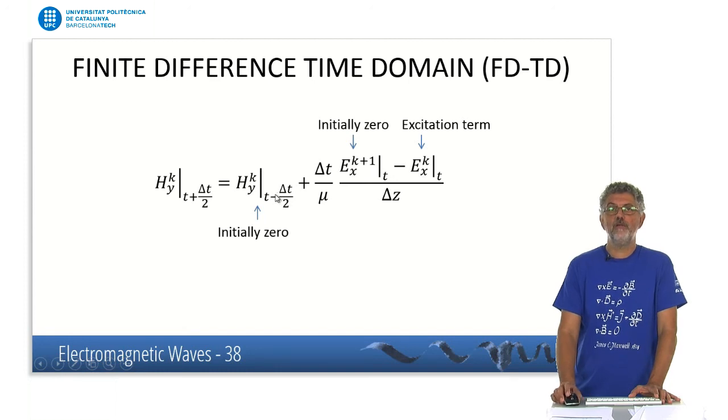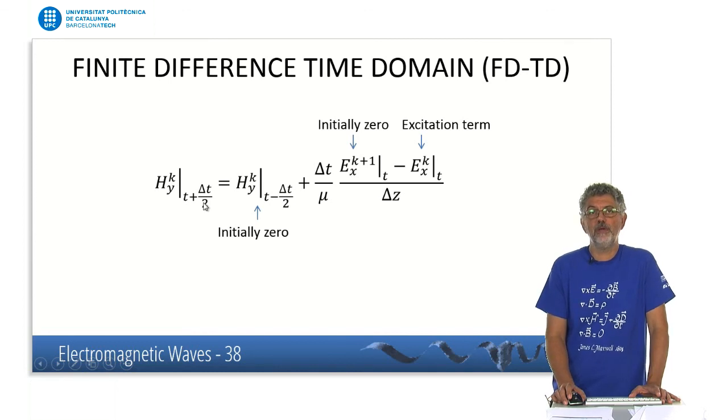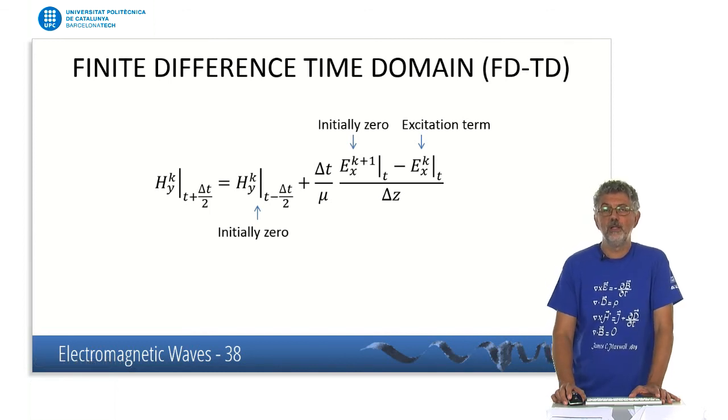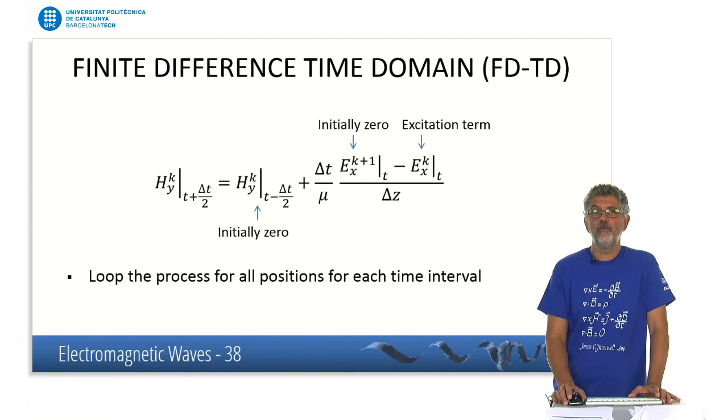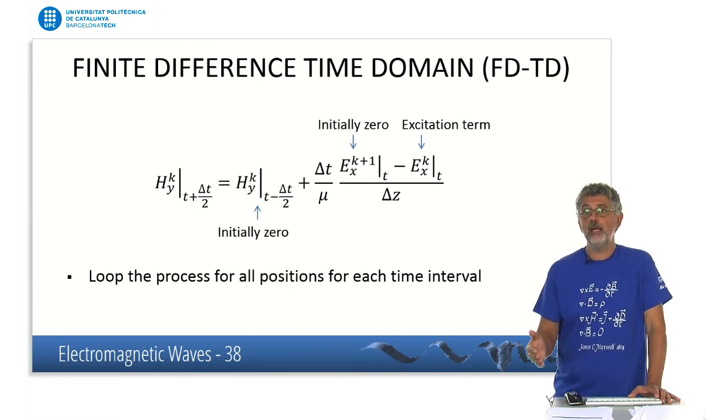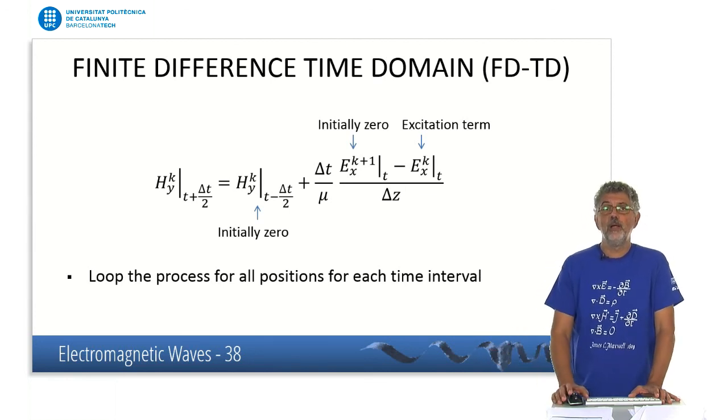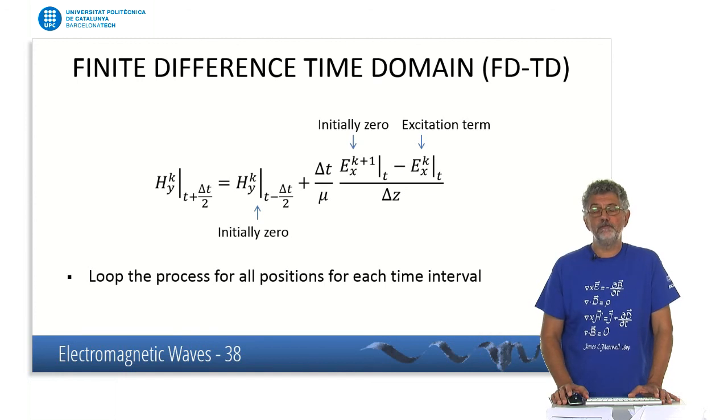So for the magnetic field, at the next time interval for which we are computing it, it has changed. So now we can just loop the process for all positions and time intervals, and we'll see how the electric and the magnetic field will change with time and position.